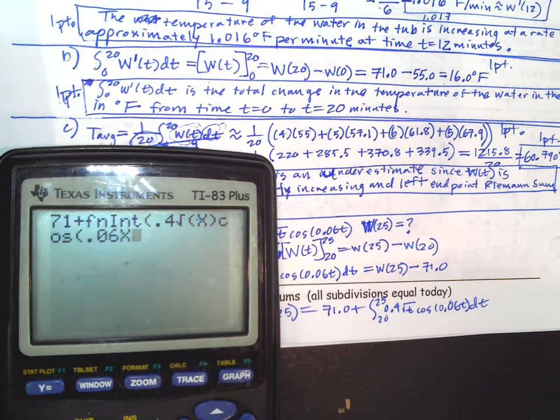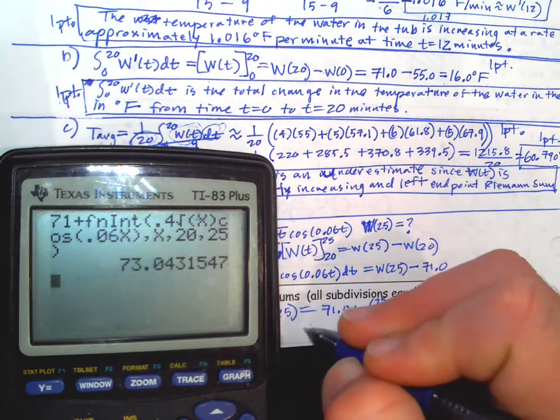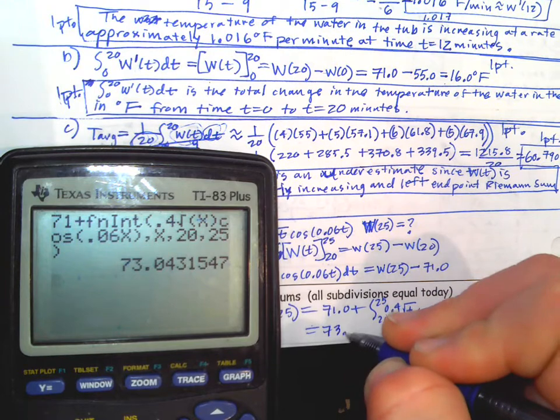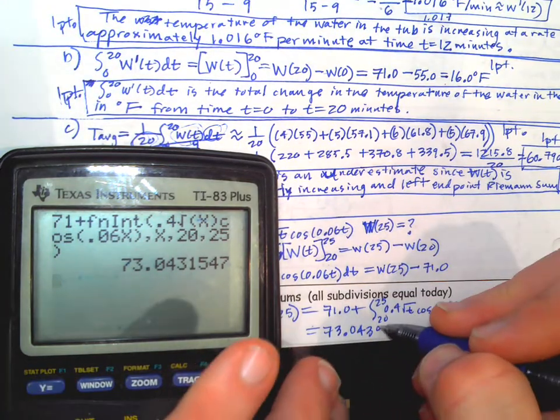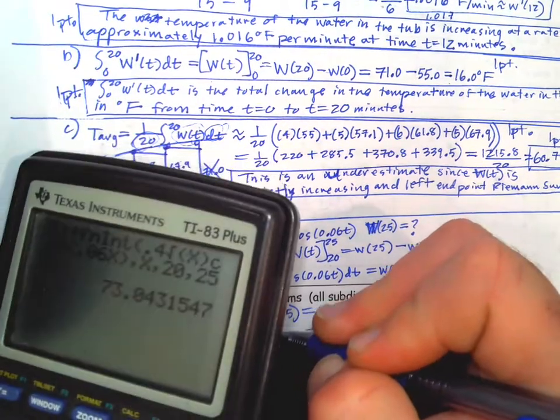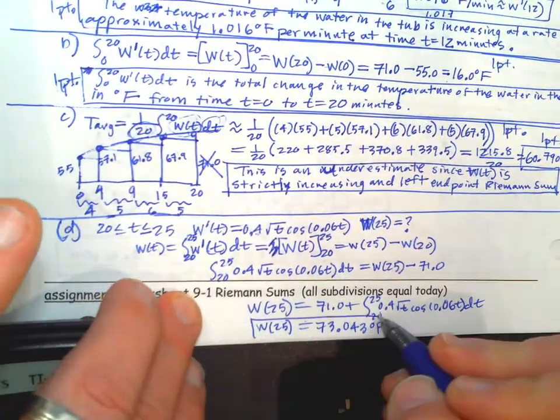We better be in radian mode with that trig in here. Okay, so that's that, comma x, comma 20, comma 25. And there's the answer, 73.043. And this is degrees Fahrenheit because this is a temperature. And this is actually an exact answer. That derivative was exact.